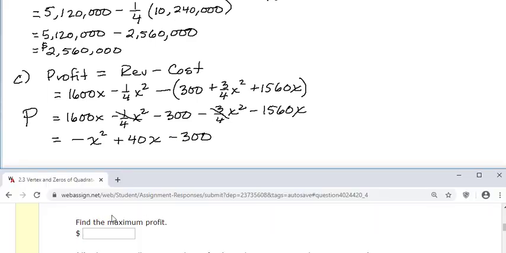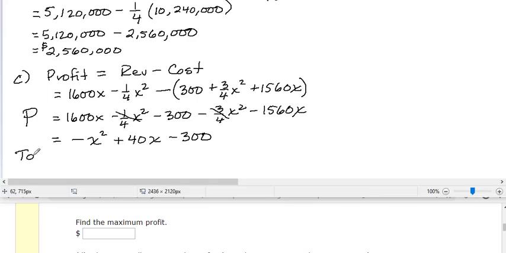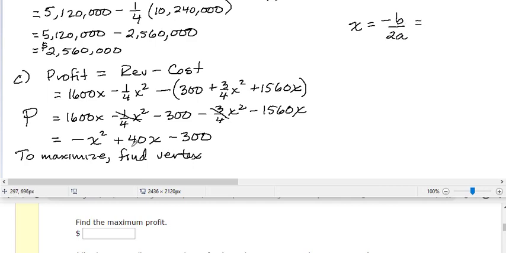Find the maximum profit. Okay. To maximize the profit, find the vertex. To find the vertex, I have x is negative b over 2 times a using the profit function values. So negative b over 2 times a, which is negative 1, gives me 20, but that's an x, so that's 20 units. They want the dollars of profit.